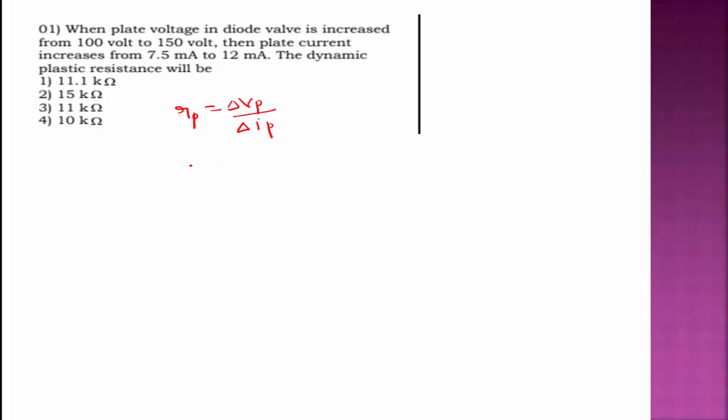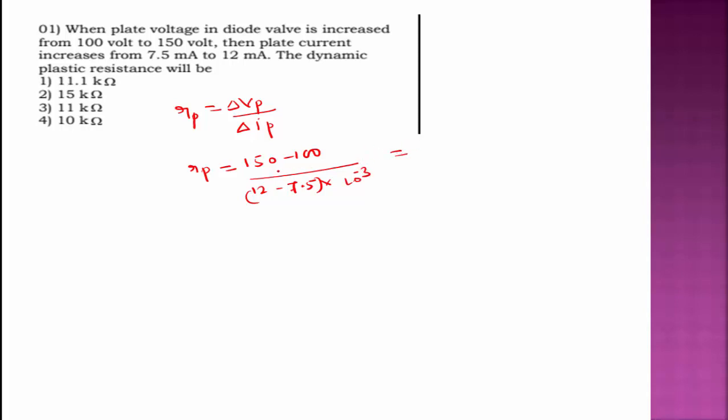Now substitute the values here. The plate resistance Rp is equal to the change in the voltage, that is 150 minus 100, divided by the change in the current, 7.5 milliampere to 12 milliampere, that is 12 minus 7.5 milliampere, which means 10 to the power of minus 3.